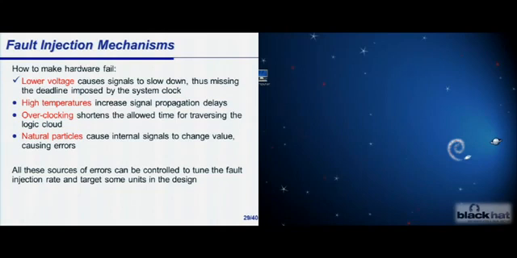The natural particles are very hard to control, but lower voltage, if you have access to the system because it's a game console or your media player, that is, you have access to the voltage of that system. And a lot of data centers often are running at temperatures that are too high. And so even if nobody is looking, they are making mistakes every now and then. If you start monitoring that, you may, over time, collect enough information to do something with that.